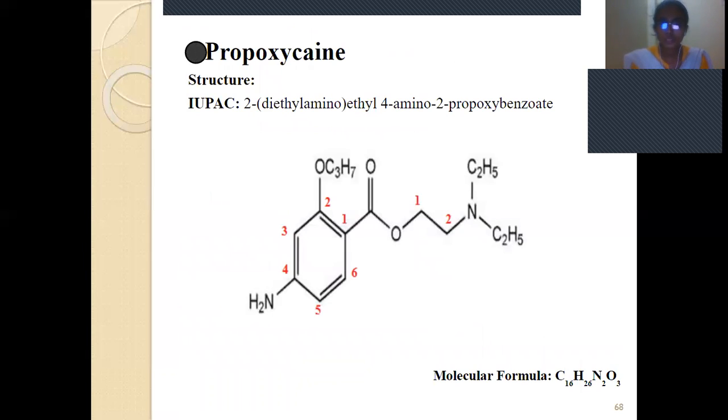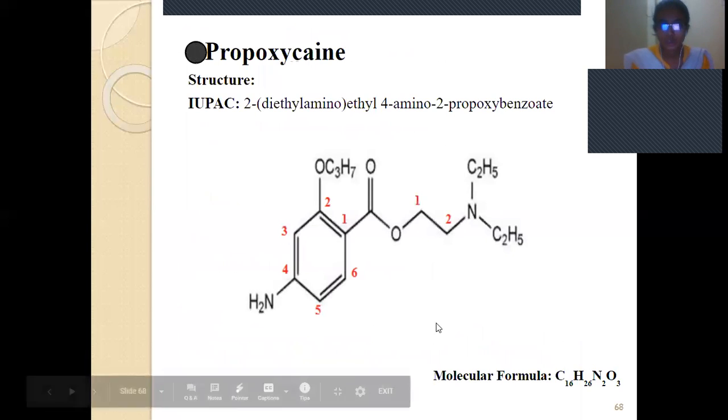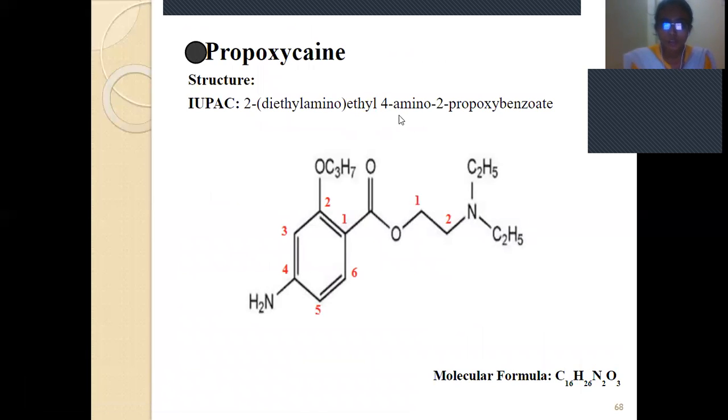So next one is propoxycaine. This is the structure of propoxycaine, and the IUPAC name is 2-diethylaminoethyl 4-amino-2-propoxybenzoate. This is the structure of the benzoate.